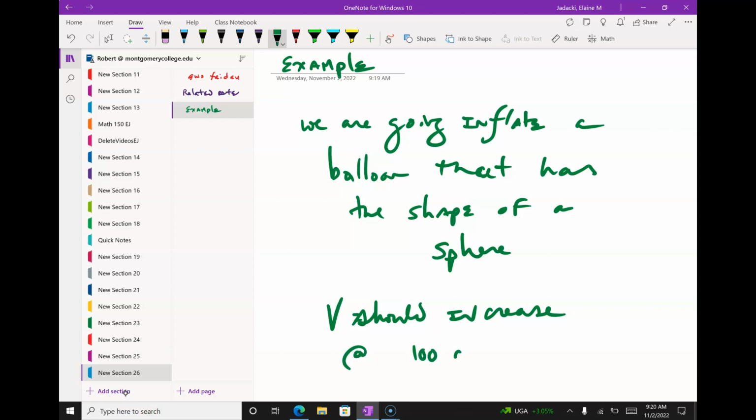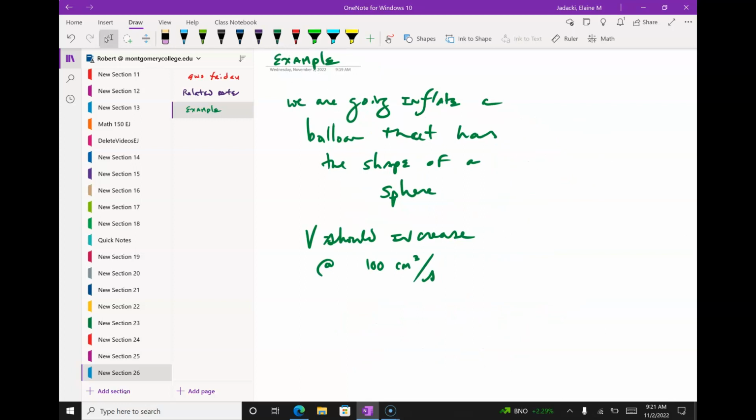And why is it centimeters cubed? Because the volume is 3 dimensions, right? We're thinking of length, width or depth, and height, to get a volume, right?